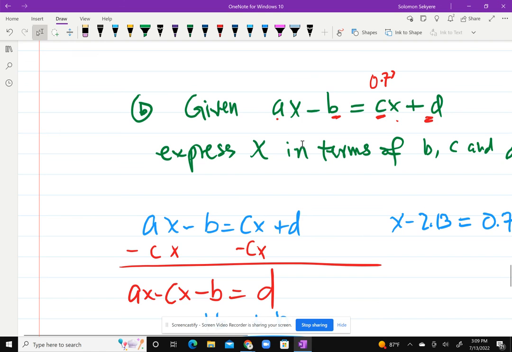Express x in terms of B, C, and D. That means x equals what? You're not going to have a value in this type of equation. You're going to have an expression.